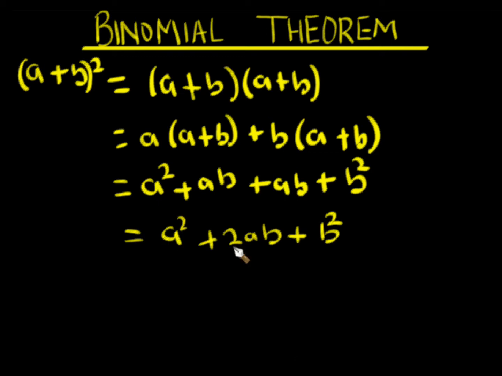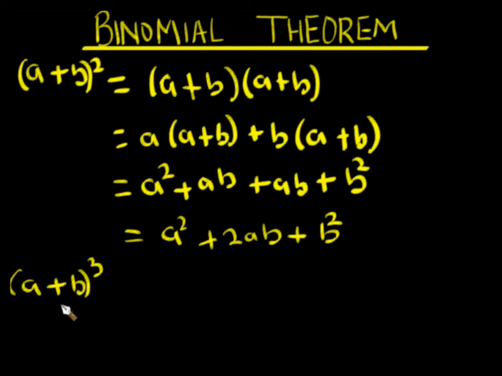That's what we have. But it gets a bit complicated when you are told to evaluate things to the extent of (a + b) raised to power 3, because you have to be multiplying long expressions. So this is where the binomial theorem comes in. It is also called binomial expansion, and it helps us expand brackets.